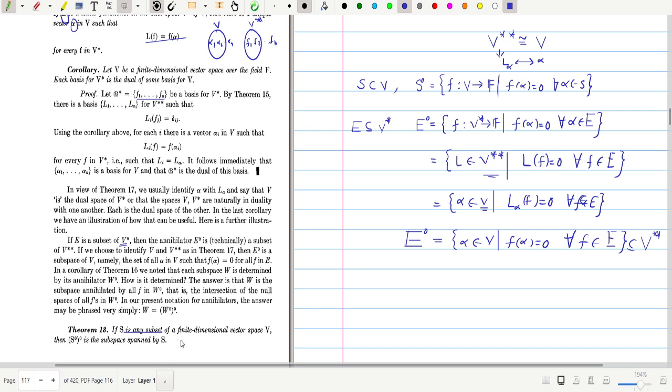We start with V and a subset S of V, then consider S naught and again consider the annihilator of S naught itself.